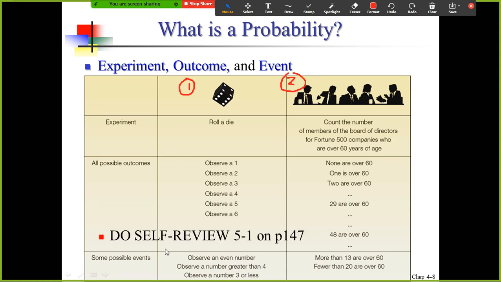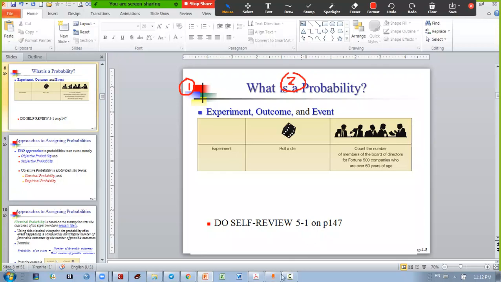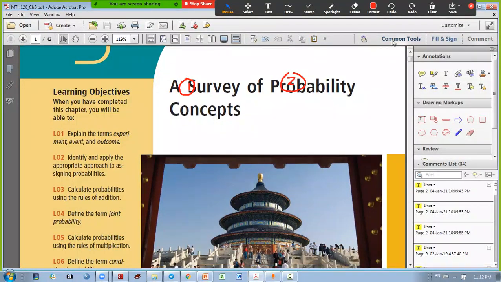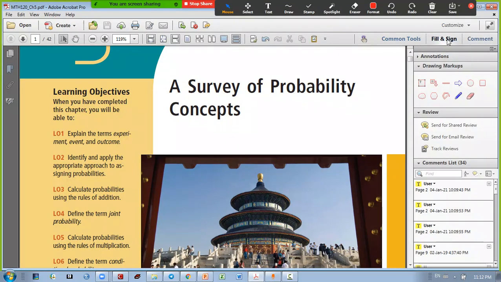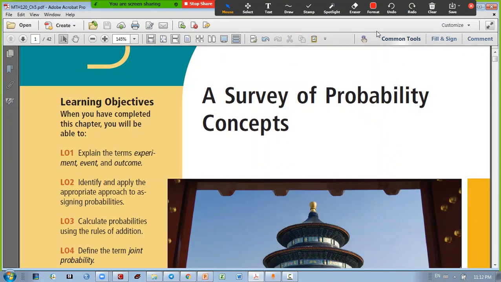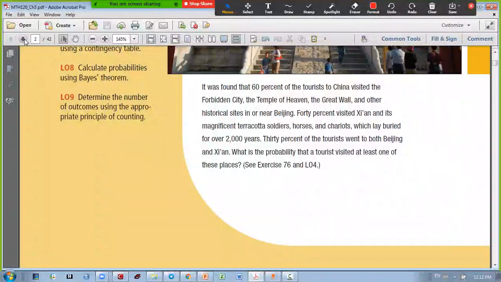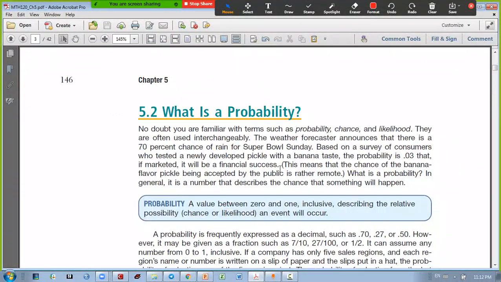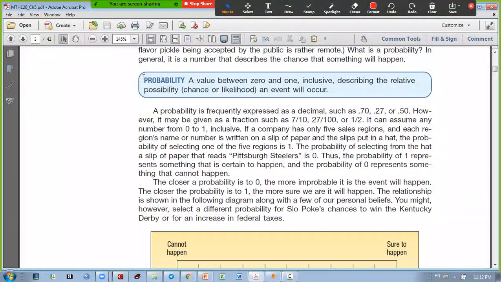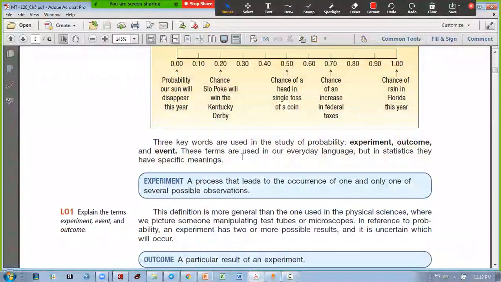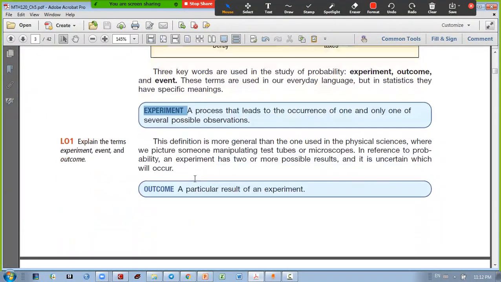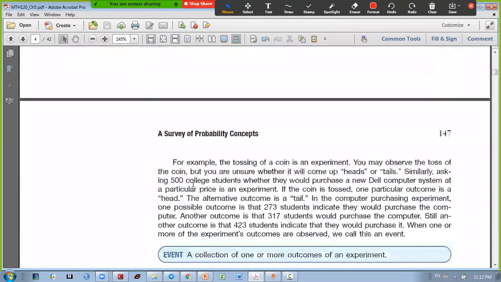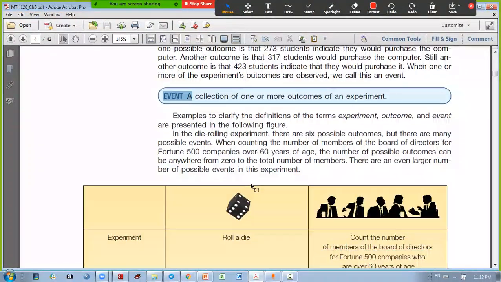If you have the textbook, you can go to page 146. This one is about probability, experiment, outcome, event.